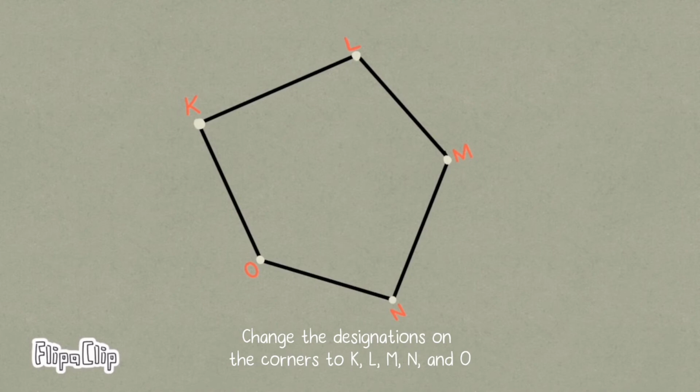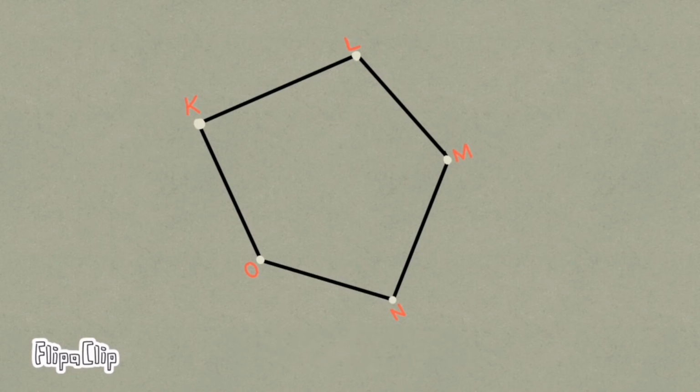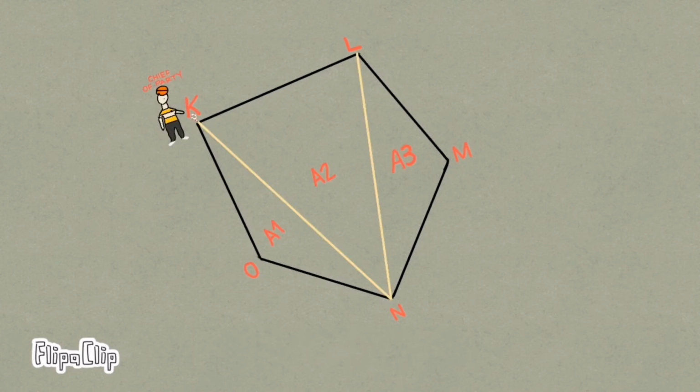Use K, L, M, N, and O instead of A, B, C, D, and E, or the former letters F, G, H, I, and J. Again, divide the polygon into 3 triangles and name those triangles as A1, A2, and A3.